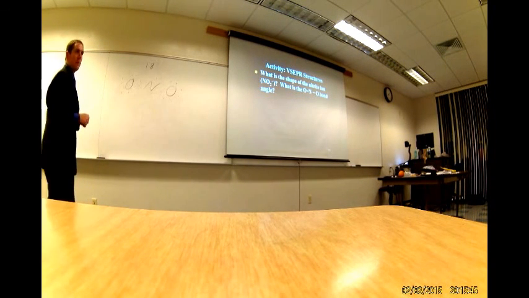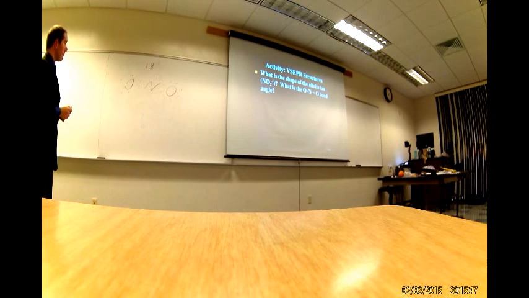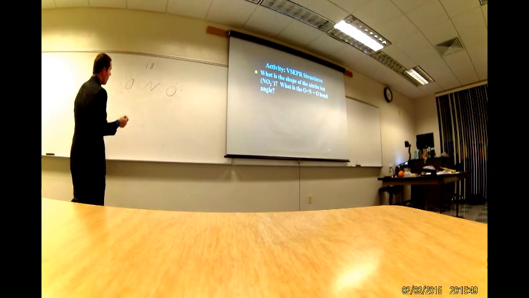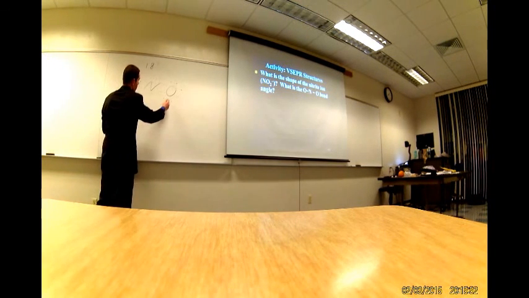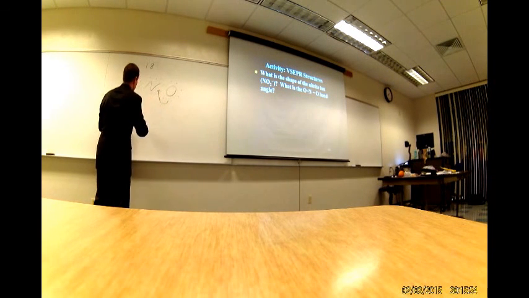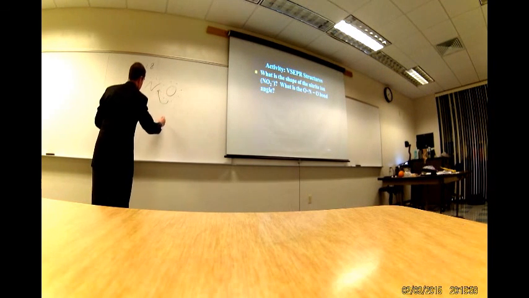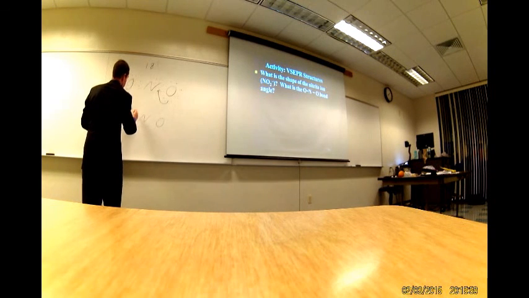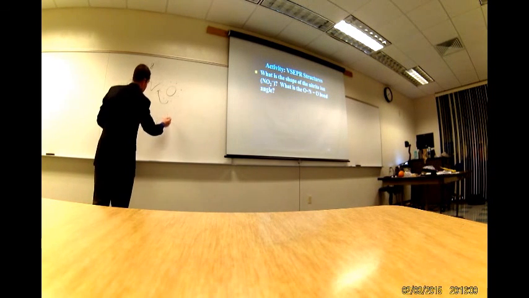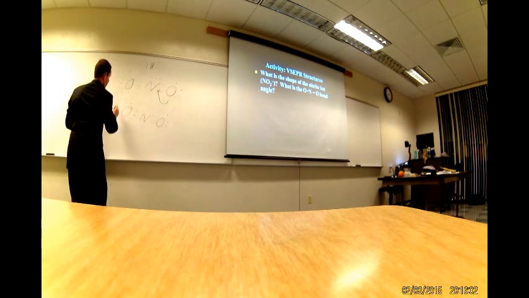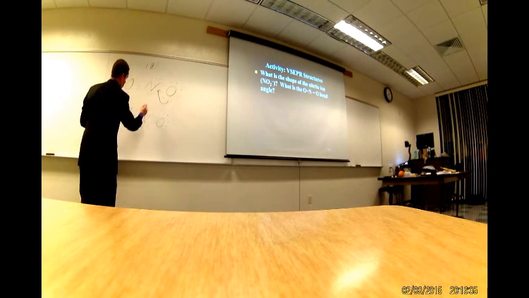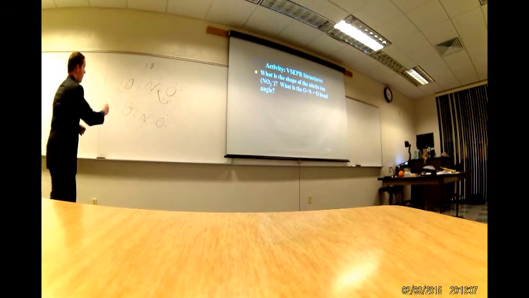Is that right? No. Nitrogen needs 2 more bonds. So what do I do? One of the oxygens has to move 2 over. So I'll move these over here, so we end up with N, O, O, single bond, double bond. Brackets too. Yeah, thank you.